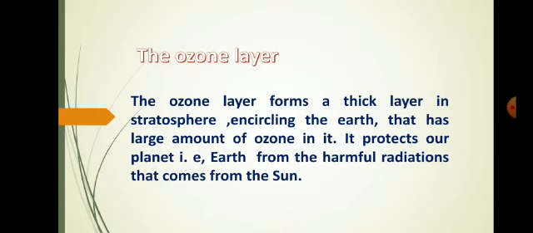The ozone layer has the capability to absorb almost 97 to 99% of the harmful ultraviolet radiations that sun emits, which can produce long-term devastating effects on human beings as well as plants and animals.